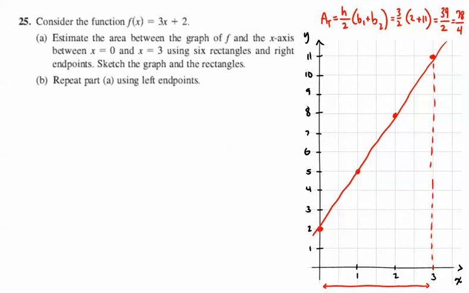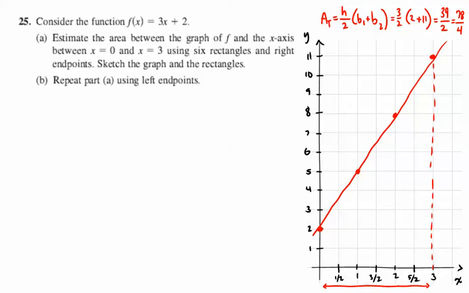So we need to break the x-axis down from 0 to 3 into more fine detail there. So we're going to go from 1/2 to 1, 3/2 to 2, 5/2 to 3. We want to use the right endpoints. Well, what does that mean?